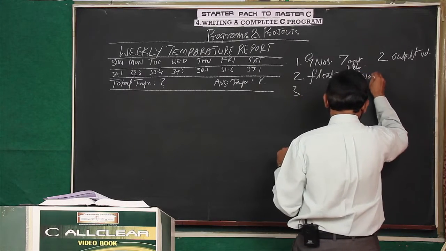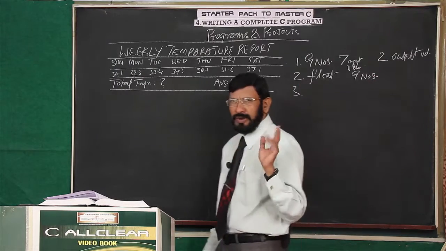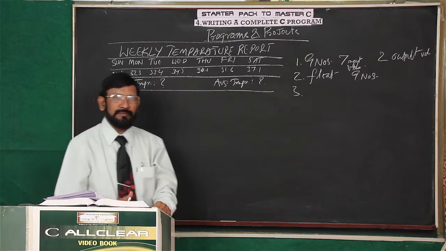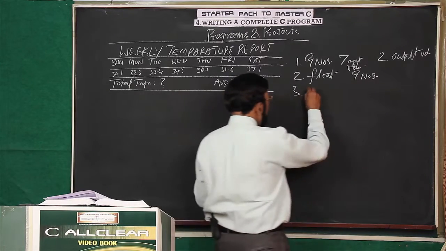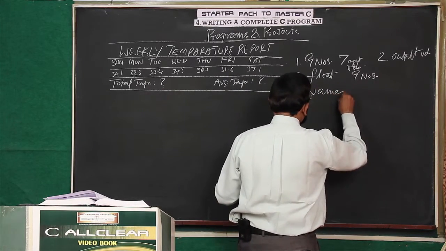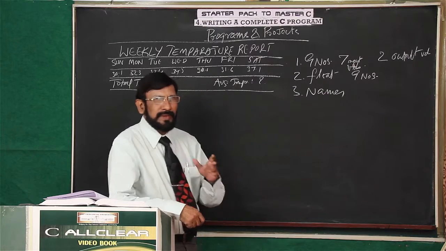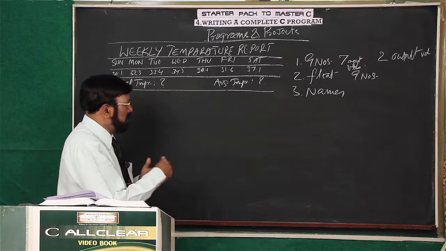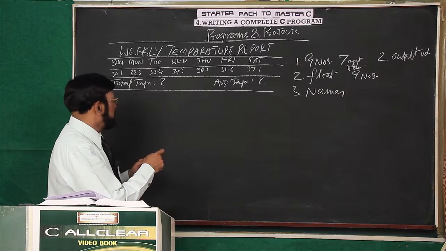All 9 numbers you have to declare as float. Next, which names do you give? Names, being a beginner, you are confused. That's why I give you guidance for this.